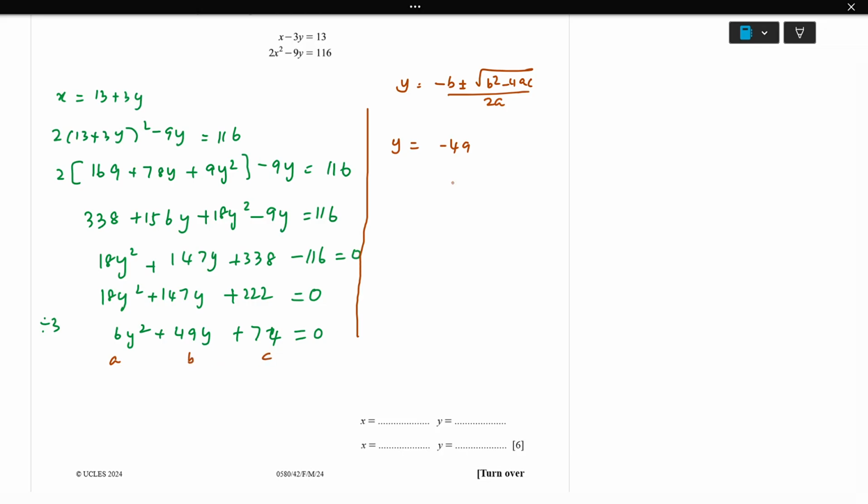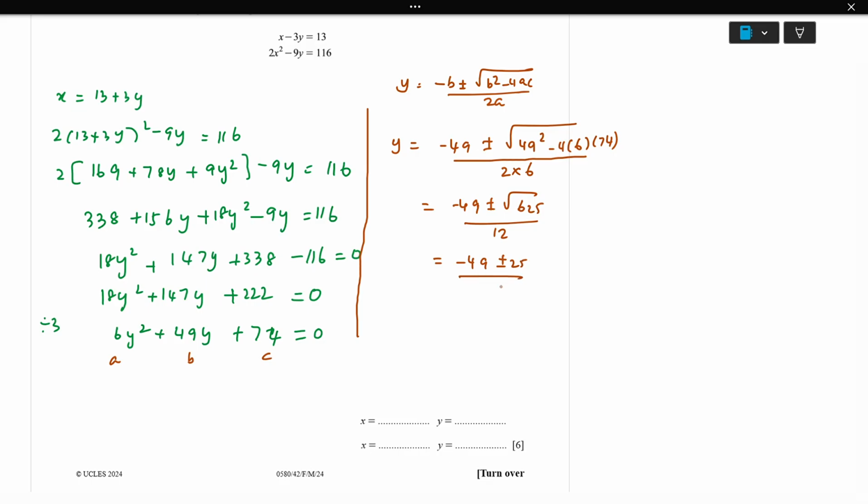So minus 49 plus or minus square root of 49 square minus 4 into 6 into 74, over 2 times 6. So we get minus 49 plus or minus square root of 625 over 12. So next, minus 49 plus or minus 25 over 12.